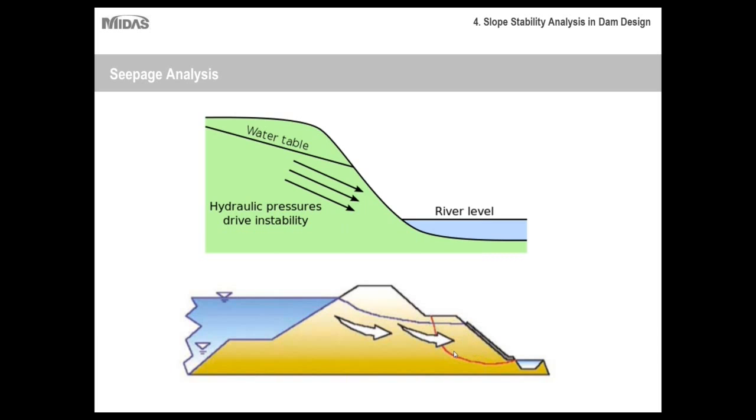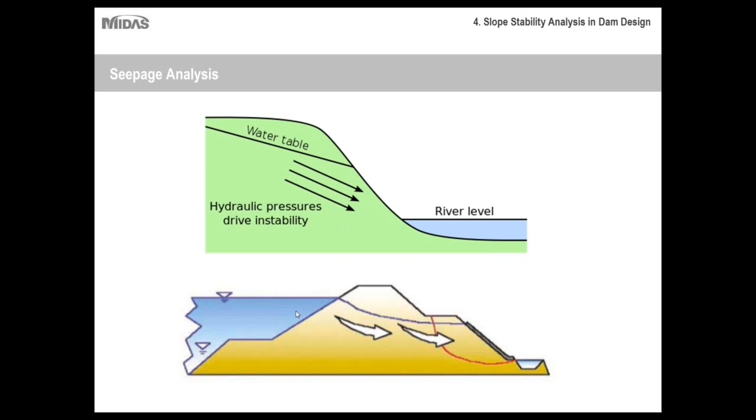As shown by this red line, here's the slip surface. So if this seepage were to increase to a point where the slope could fail, then that could lead to several issues for your dam.